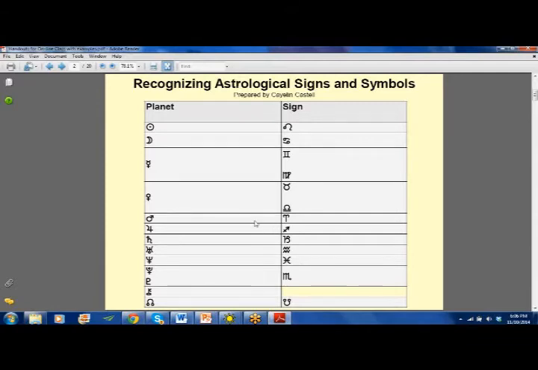So when you're taking notes, you don't have to write out the word Virgo or Sagittarius. You can just put in the symbol, or Mars or Venus or Mercury. That's one of the advantages, as well as being able to read a chart. Of course, the charts that I sent you have these symbols, so learning to read them is really important. So practice this until you feel like you've got it.